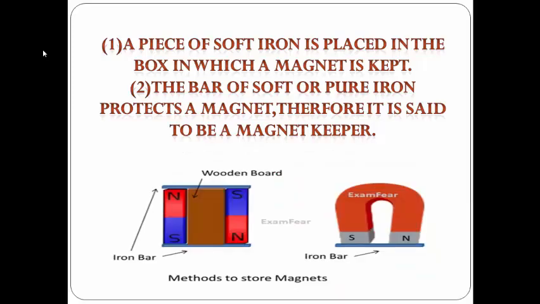We can store magnets with the help of these methods. A piece of soft iron is placed in the box in which a magnet is kept. The bar of soft or pure iron protects a magnet, therefore it is said to be a magnet keeper. With the help of these methods, we can store a magnet safely.